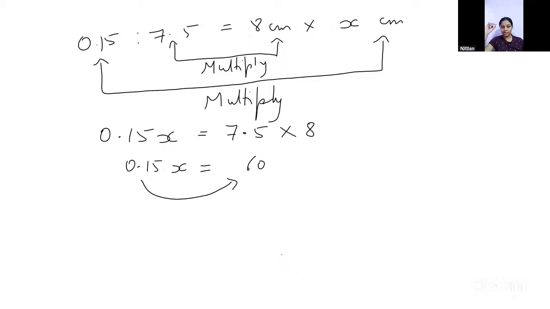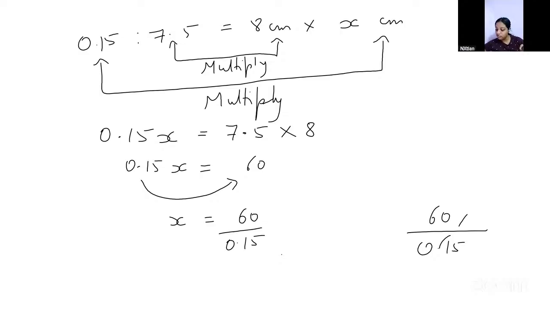So what we will do is x equals to 60 divided by 0.15. Now I'll tell you if the denominator is in decimal, how to divide. See, 60 upon 0.15, I have to remove the decimal. When removing the decimal, how many places are there after the decimal?